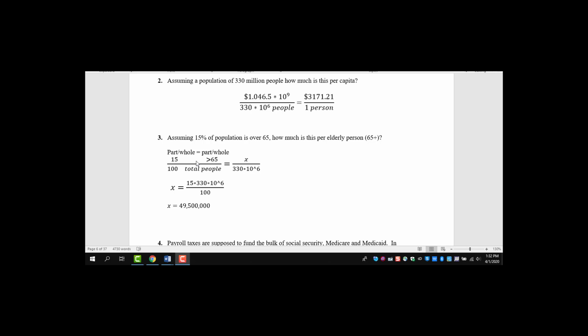That goes here, right? So now we know we spent this much money on Social Security, and we know that there's this many people over 65. So we're trying to find how much is this per elderly person. You might want to pause it and think about it, and I'm going to put the work here. And so we get dollars per person over 65, divide it, and we get $21,000 and some change.